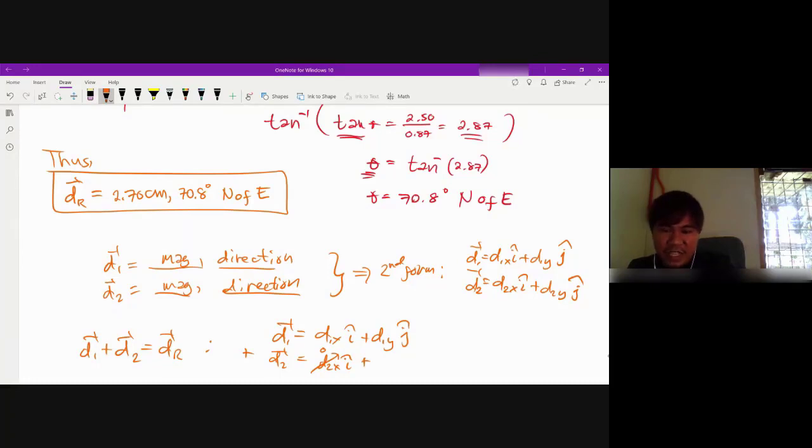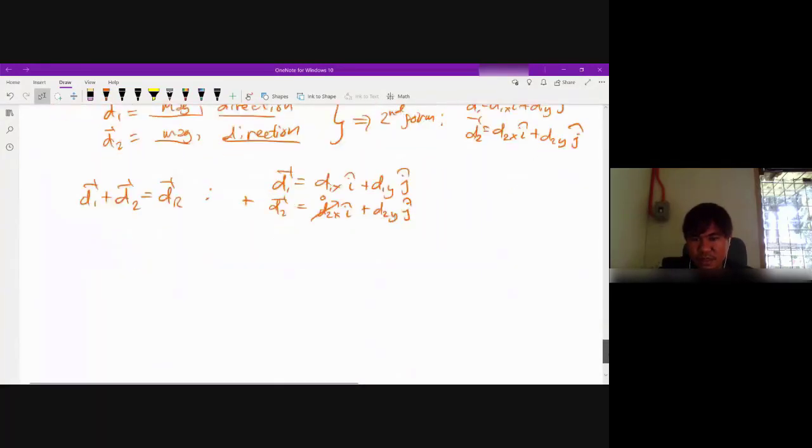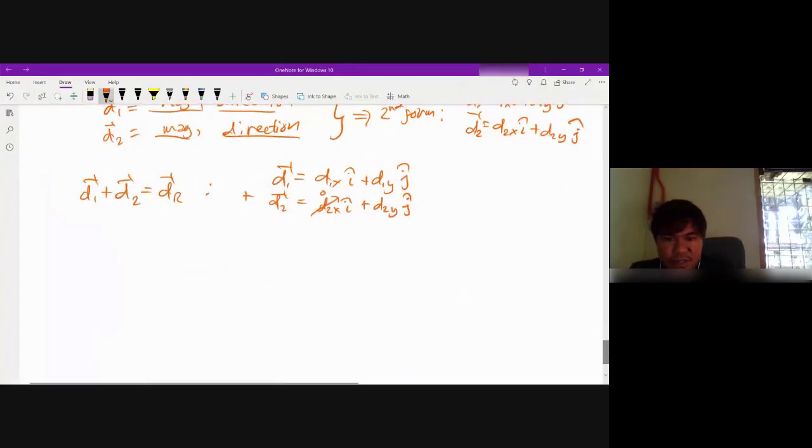Naibalaan na to kaganina class katong example na to kaganina. So you have D2y j hat. And then gi-add na din mo. So, gi-add mo component to component. So you have drx plus dry j hat.